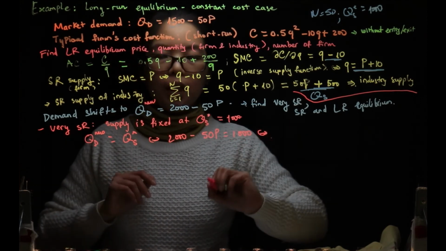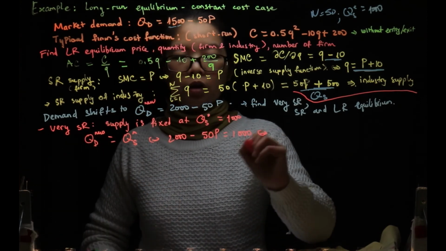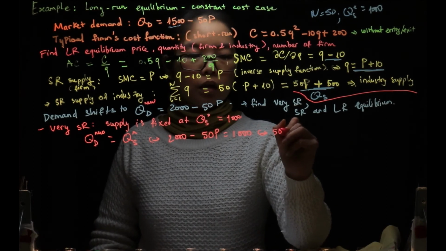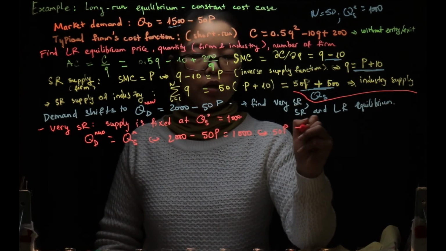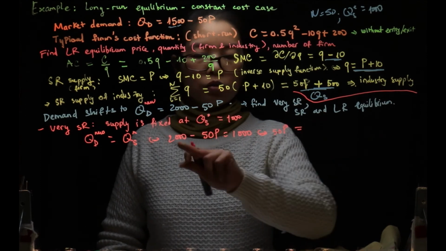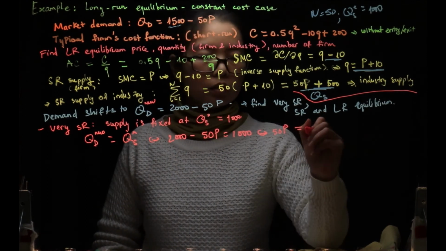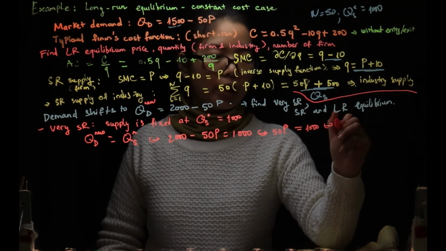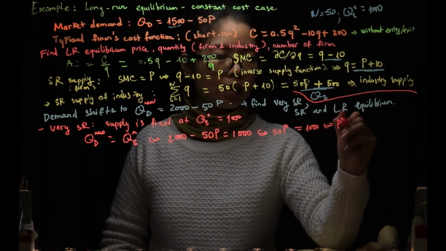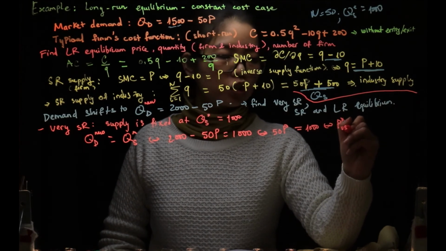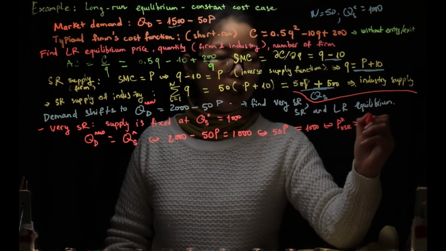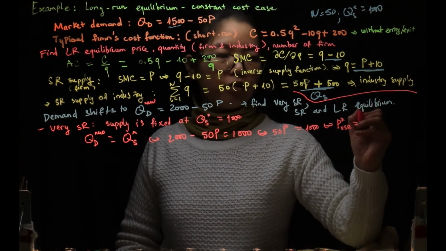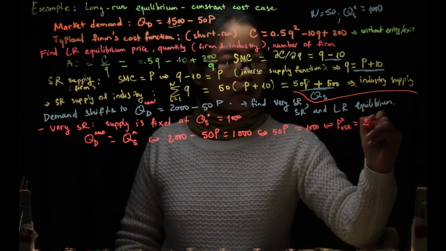And we could solve for P: 50P equals 2000 minus 1000, 1000. And then P star for the very short run would be 1000 divided by 50. That is 20.